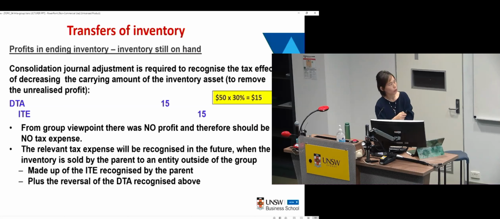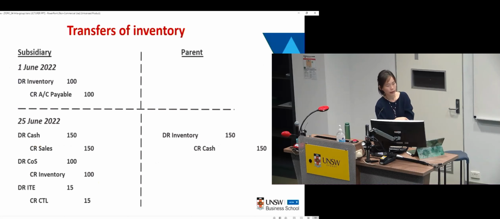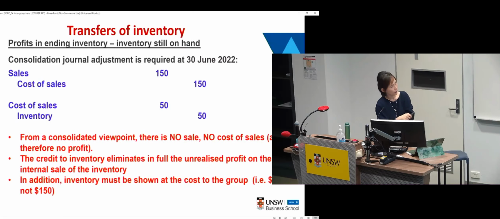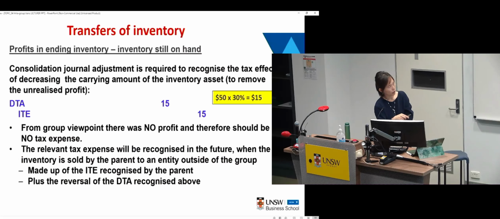You don't need to worry about CTL, the current tax liability, because the group doesn't pay tax. It is each separate legal entity that pays their own tax. So the adjustment is made to reduce the group income tax expense due to the elimination of the unrealized profit in the worksheet.